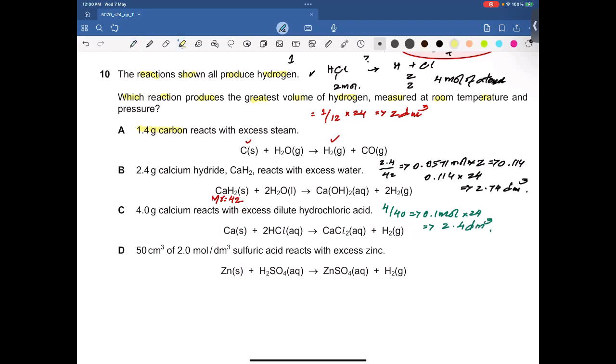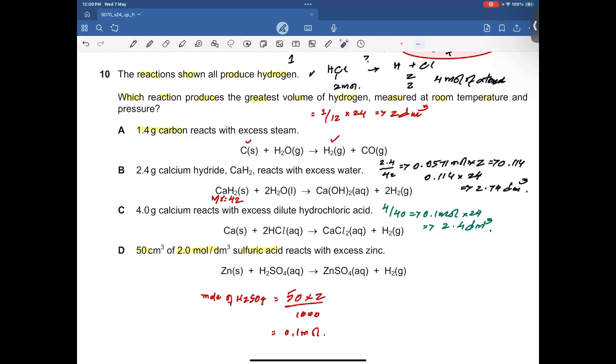Okay, next is 50 cm cube of 2 mole per dm cube sulfuric acid. So first of all, let me find out the moles of sulfuric acid. फिफ्टी को मल्टीप्लाई करो 2 से, डिवाइड करो 1000 से, you will get moles. 100 divided by 1000, so it's going to be 0.1 mole.